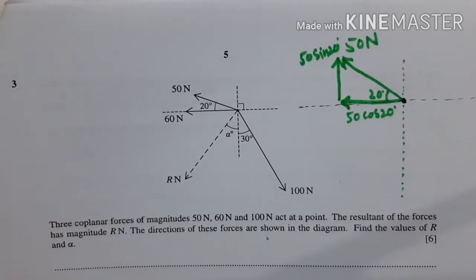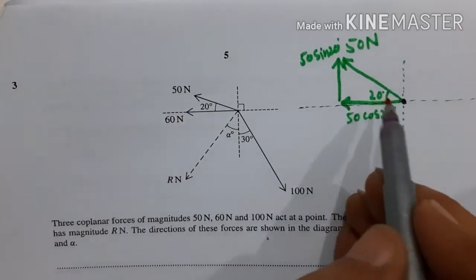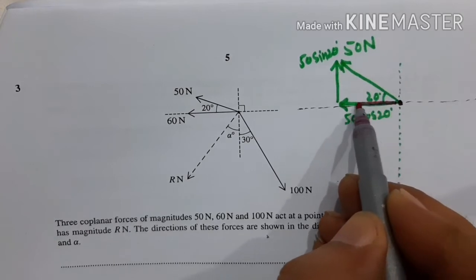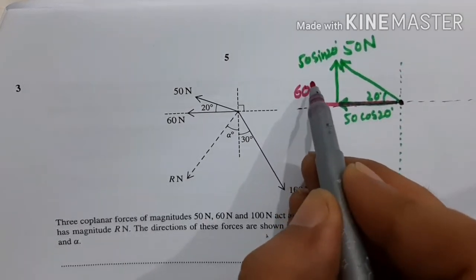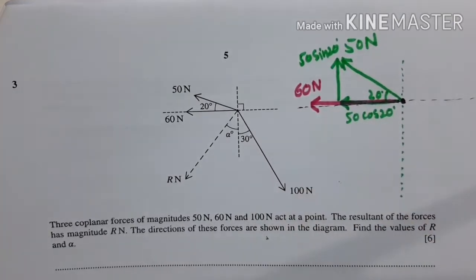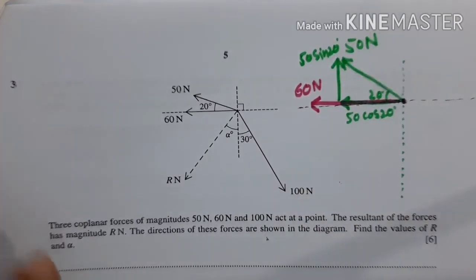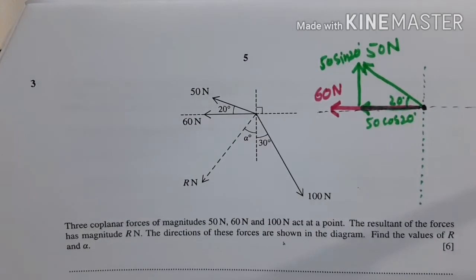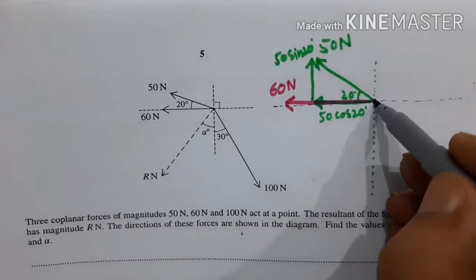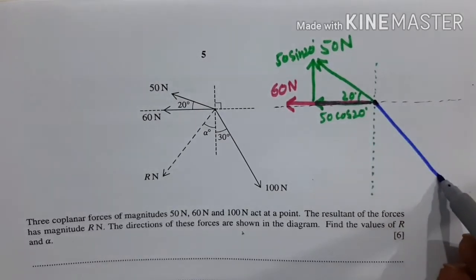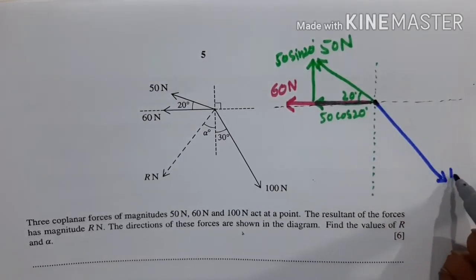There is another force, this 60 Newton force, which is acting in the same direction as the 50 cos 20. The third force is 100 Newtons.